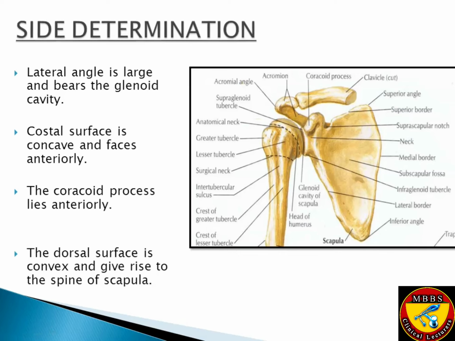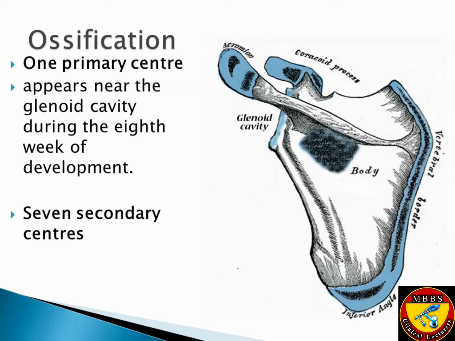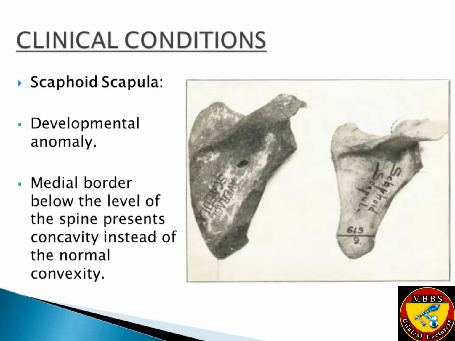So when you remember these few points, you can easily determine which side the scapula belongs to, whether it is of right side or of the left side. The scapula ossifies from one primary center which appears near the glenoid cavity during the 8th week of development. It has 7 secondary centers of ossification.